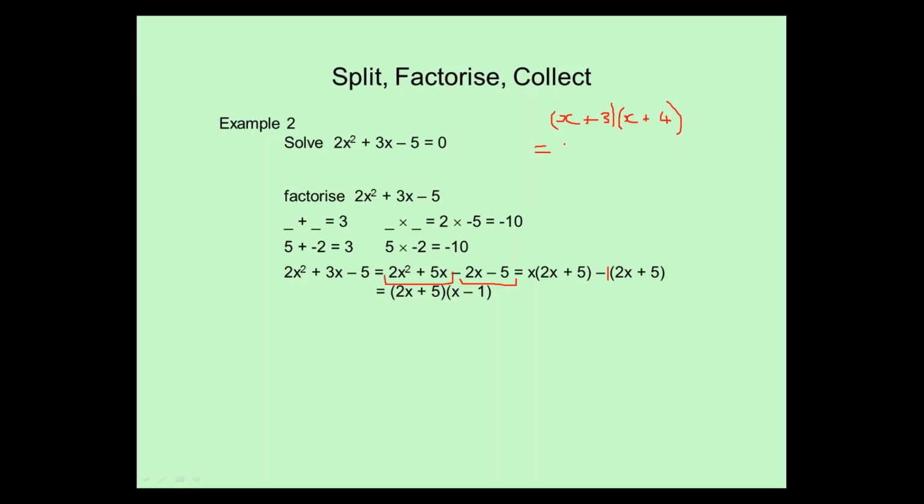But that's quite useful, because if you're saying, okay, I do the x times everything in that bracket, and I do the 3 times everything in that bracket, I've realised that I can't remember it. I think this is the distributive law, hopefully.